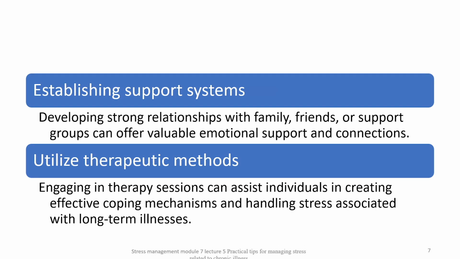Establishing a support system is again very necessary, as I was talking in my earlier lectures also. If I am in touch with my family, with my friends or support group, they can provide me with the most valuable emotional support and physical help as and when I need it. I can also take the help of counselors and therapists if I require to do so without any hesitation.